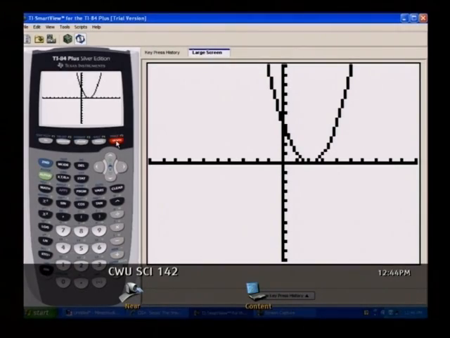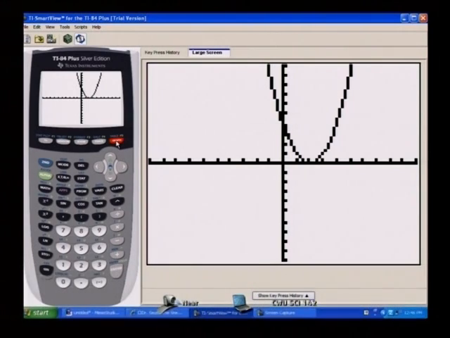See if I can get the next graph up for you. Okay, here's your next graph. This graph again takes the parabola, but you'll notice that it's shifted left and right on the x-axis. See if you can match that one.